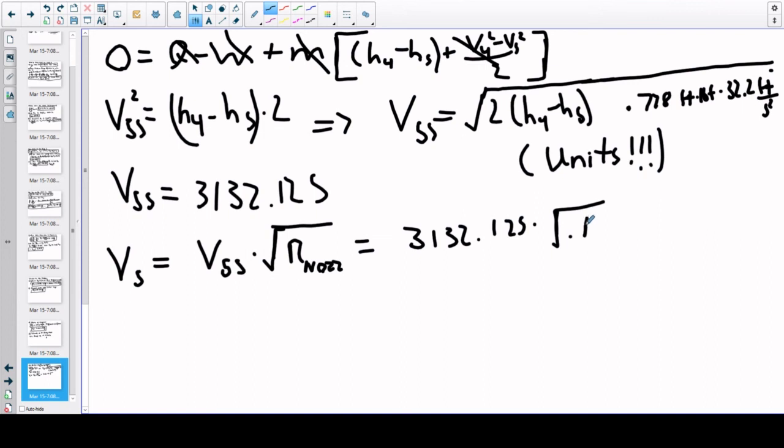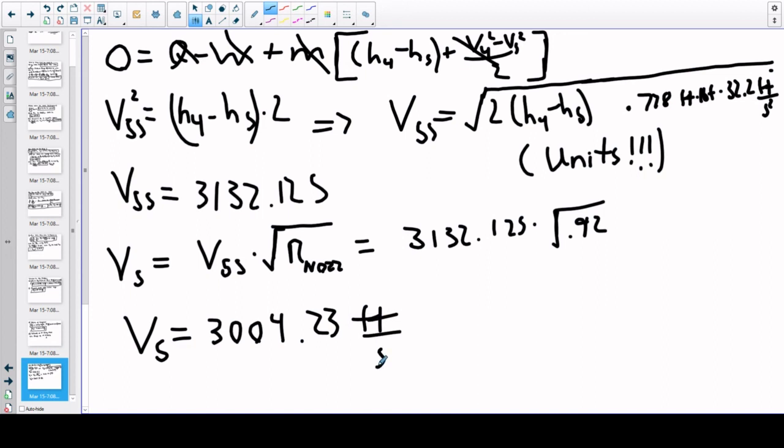You could have just put eta nozzle inside of that other equation and you would get V5, but I just didn't, just to show you the difference between the two. And so you get V5 to be equal to 3004.23 feet per second. And that is the exiting velocity of the nozzle.